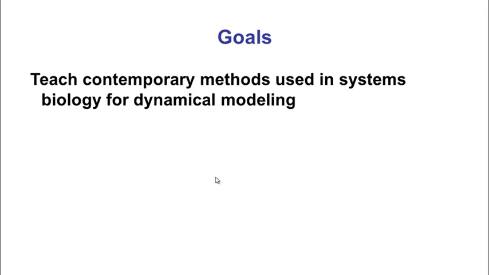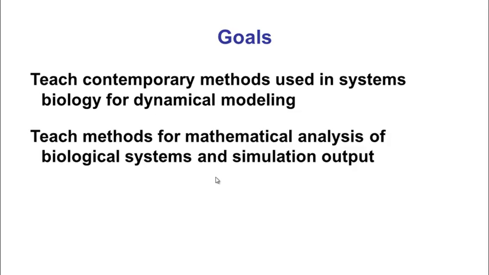The overall goals of this course, Dynamical Modeling Methods for Systems Biology, are threefold. First, we want to teach contemporary methods that are used in systems biology for dynamical modeling. Second, we want to teach methods for mathematical analysis of biological systems and simulation output. In other words, you implement a model, then you get some output from the model.